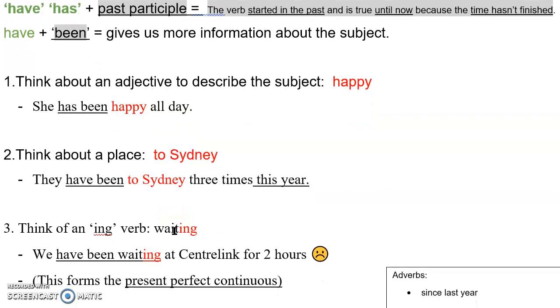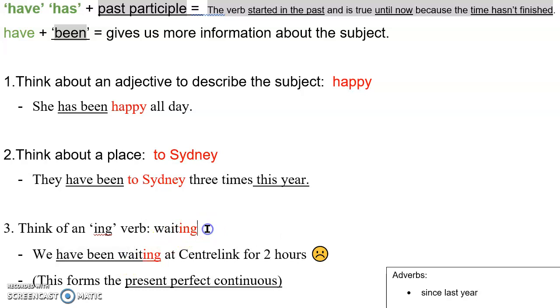Okay, so we can also think of another ing verb. Remember, when we use the verb to be, we can put another ing verb after it. So, we is our subject, have been waiting at Centrelink for 2 hours. So our present perfect verb is have been waiting.